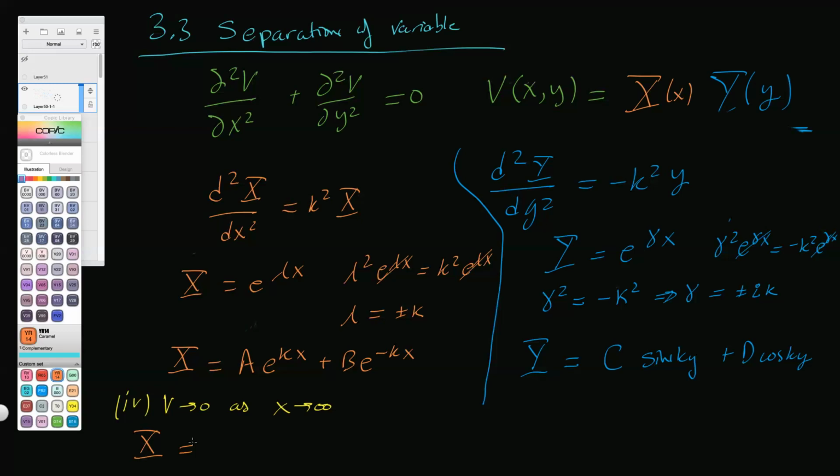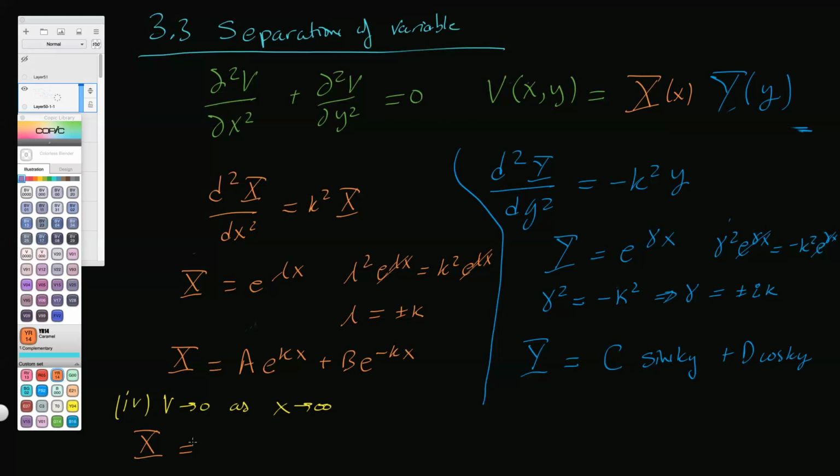Remember, boundary conditions are so you can solve for A, B, C, and D. Set it equal to 0.